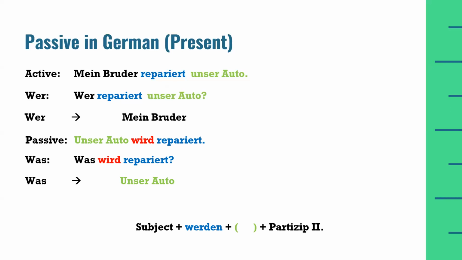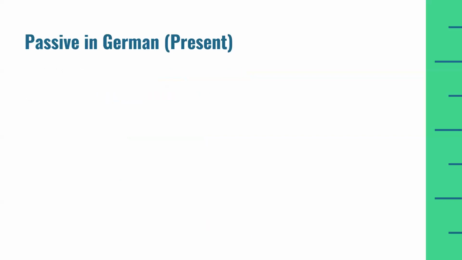And at the last position of the sentence, we have to use the Partizip zwei form of the verb. There are two fixed things that we have to use. First, werden will be used at the second position in the sentence. And the second thing is that the Partizip zwei form of the verb will be used at the last position of the sentence.